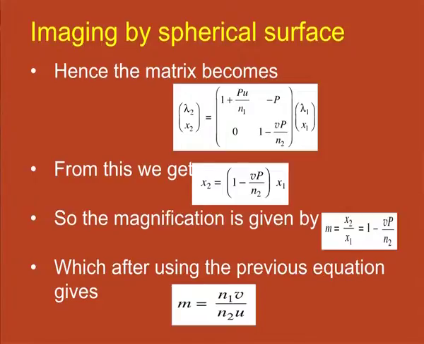So, the magnification is now given by m, that is equal to x2 over x1, and that will be equal to 1 minus vp/n2, which after using the previous equation one can obtain m is equal to n1 v/(n2 u).